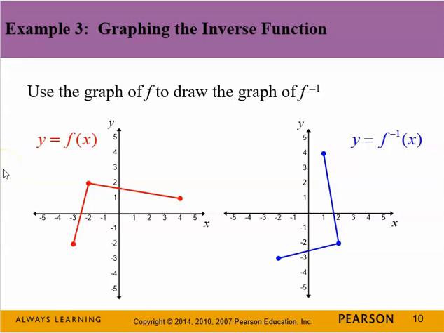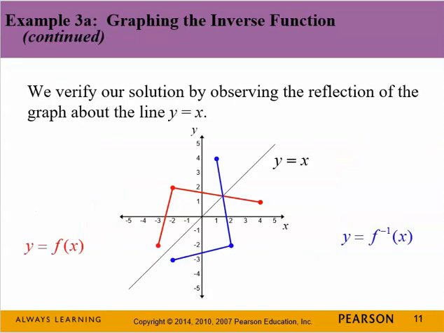So there's one set. Is this the inverse of the other? And the proof of the pudding is we put them both on the same graph. And what do you note then about our equation, y equals x? That if we folded along this particular line here, the graph, one would be on top of the other.